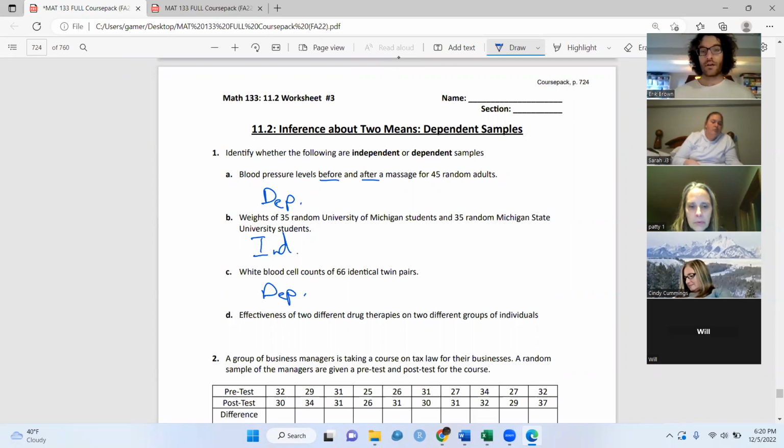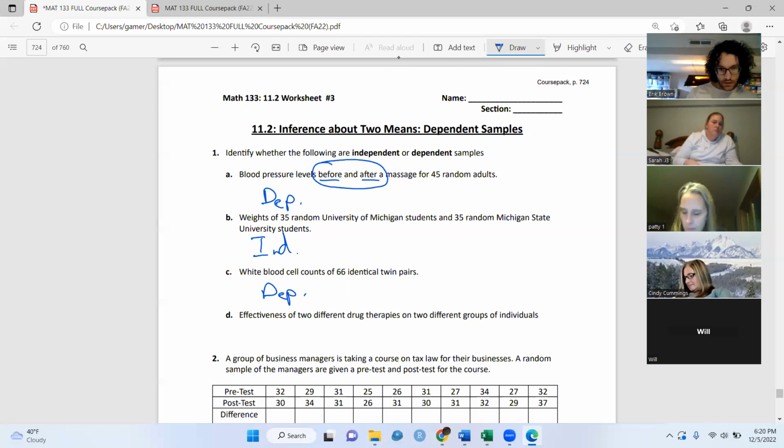Siblings, any kind of pair where the first person picked determines the second, which is a different scenario than this one, right? Where it's the same person, you measure them before and then you measure them after. Here, it's still one group measured twice. It's just that what you're comparing is different individuals, but they are connected somehow.